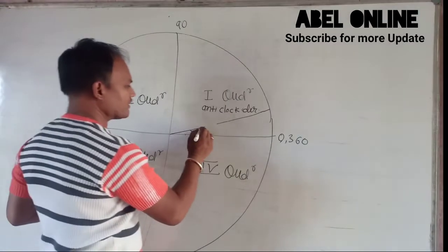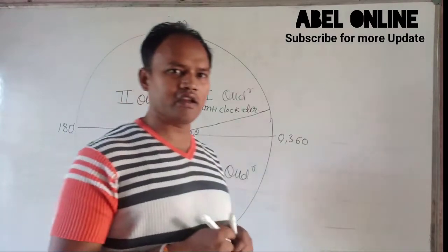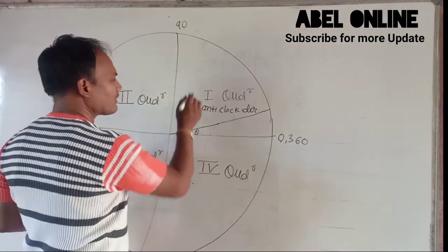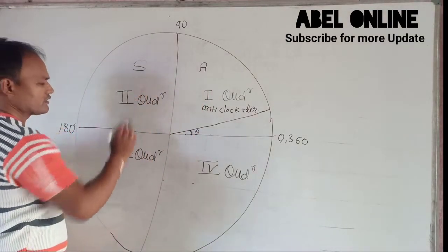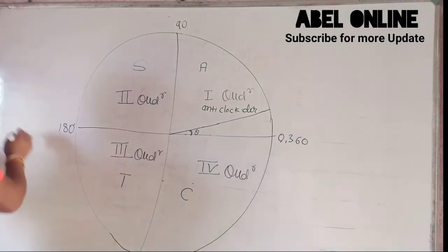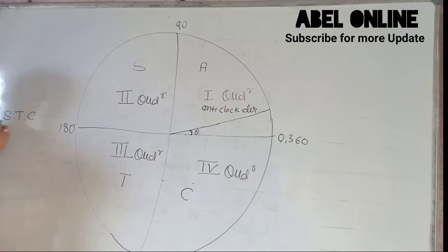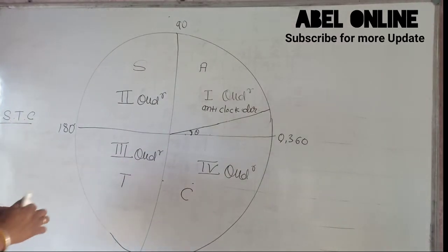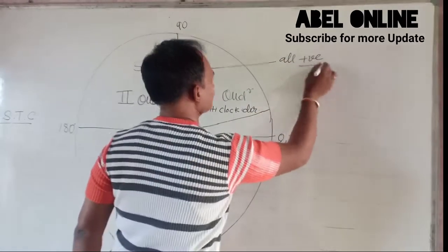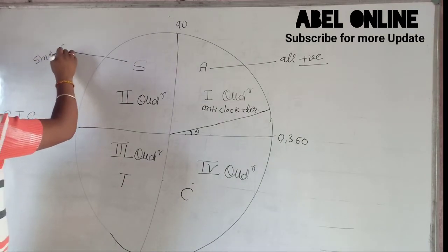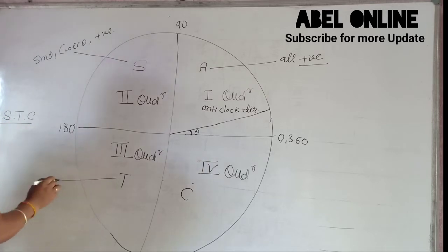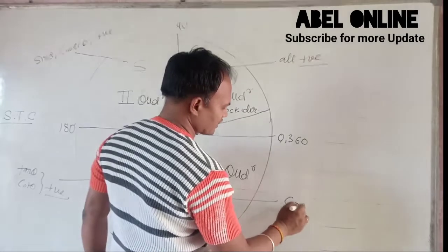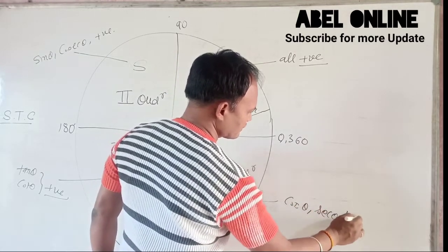We are taking a minor angle theta. If theta is moving anti-clockwise, the quadrants are called A, S, T, C. A means all positive, S means sin theta and cosec theta are positive, T means tan theta and cot theta are positive, and C means cos theta and sec theta are positive.